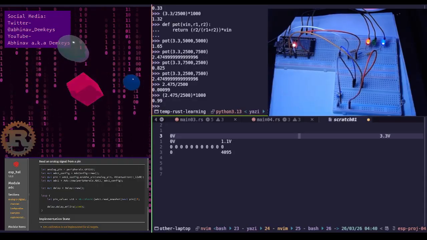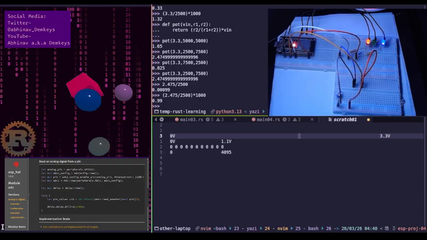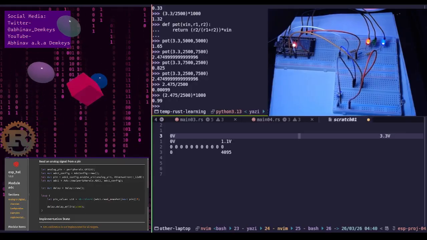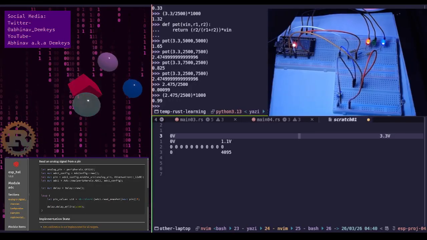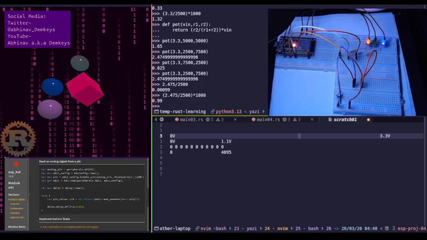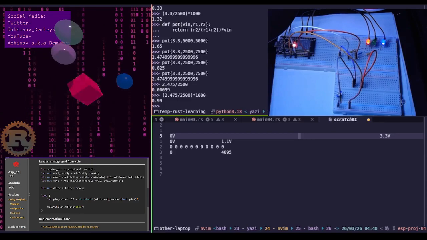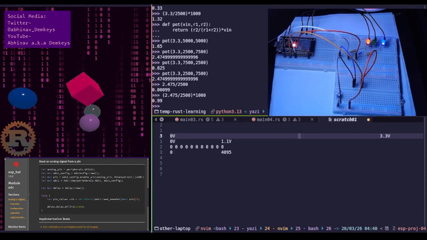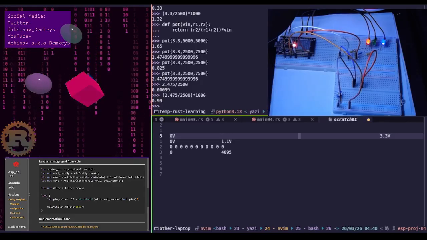Okay, the short answer is in your current setup, you're safe. Since your potentiometer is powered by the same 3.3 volt that powers the ESP32, you aren't at risk of blowing the pin. However, there are three specific things you should understand about what's happening electrically when you turn that knob. Voltage limits, the safety zone.